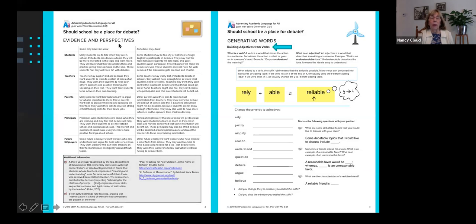Then before they engage in the debate, I would walk them through some arguments that students have made, pro and con, some arguments that teachers have made, pro and con, some arguments that parents have made, pro and con, some arguments that principals have made, pro and con. And for future employment, should the workplace be a place for debate?